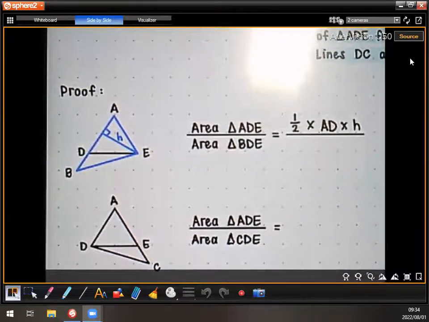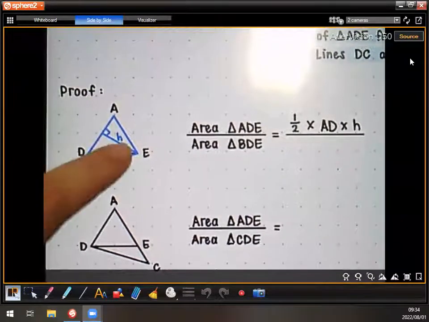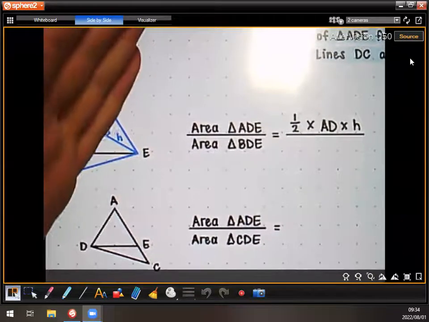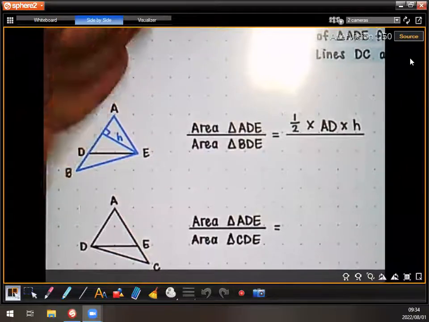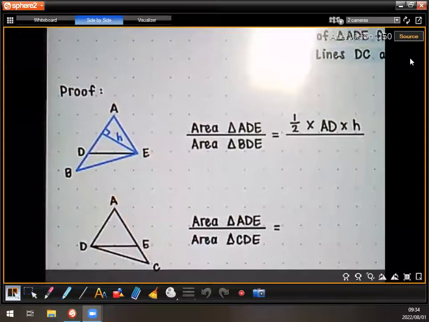Now we're going to do the same thing for triangle BDE. Do we agree that h is also the perpendicular height for BDE? It's the height from the base to the top vertex.